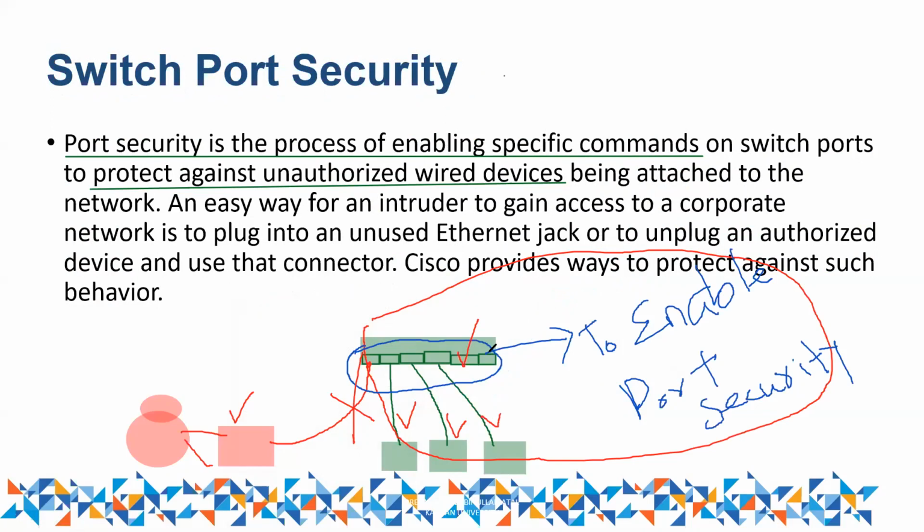This port is free, this port is free, and even this port was also free. So only 3 ports were in use here, and 3 ports were not in use. So we have to disable these unused ports first. How to disable, you will learn. But you have to take note that you have to disable all the unused ports.